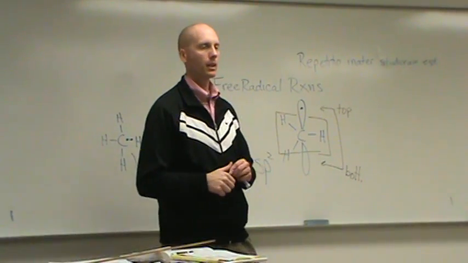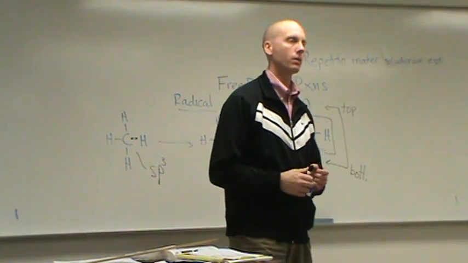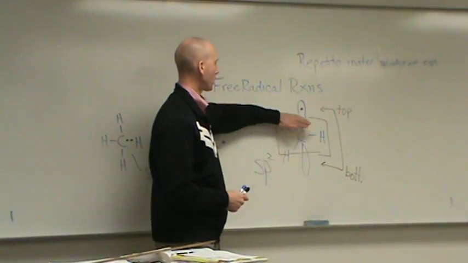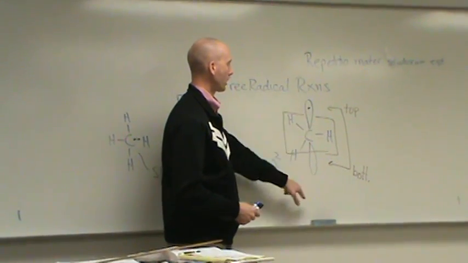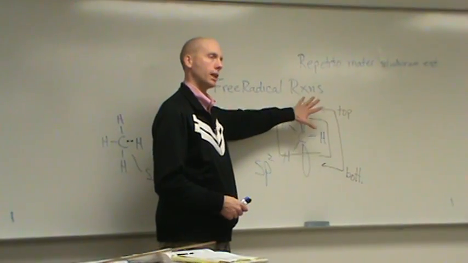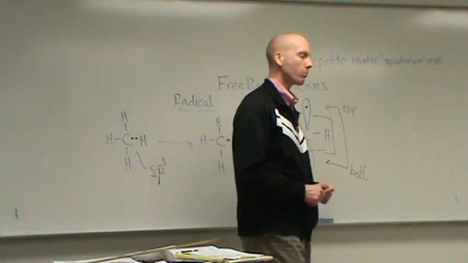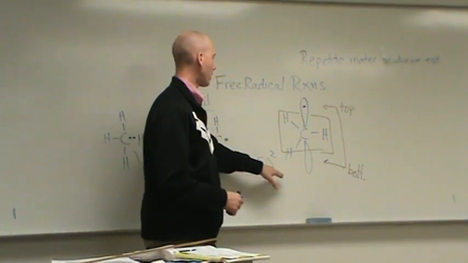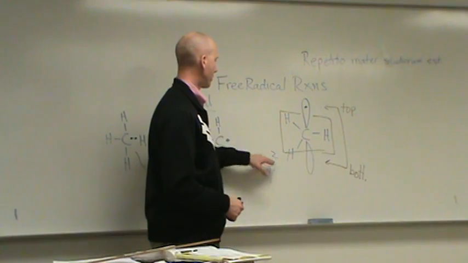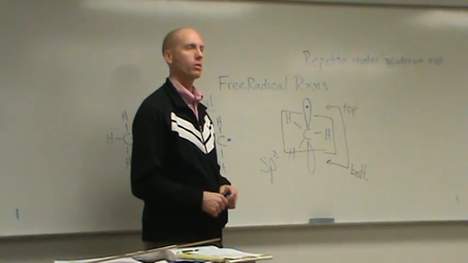We'll use that later on in our radical chemistry. Remember that electron is swimming back and forth in that p orbital, so it's equal on the top as well as the bottom. So this here is the first property of radicals, the hybridization.